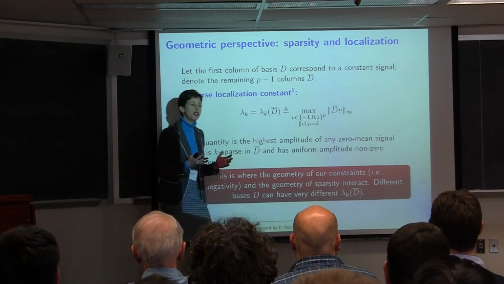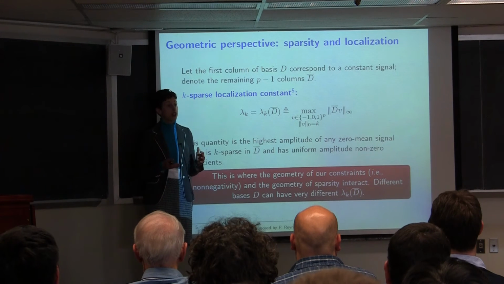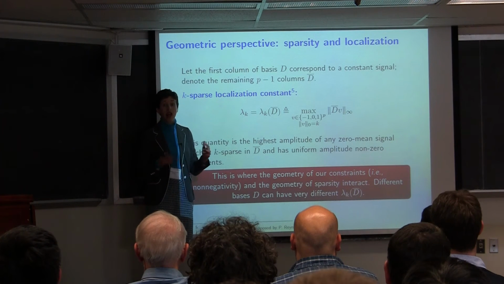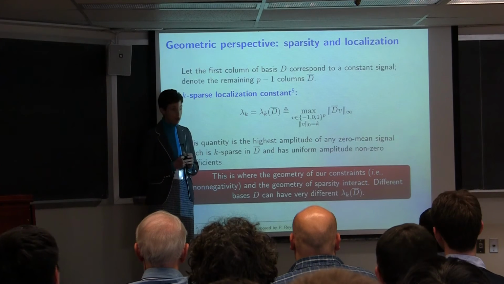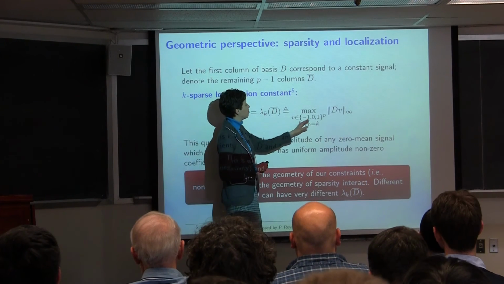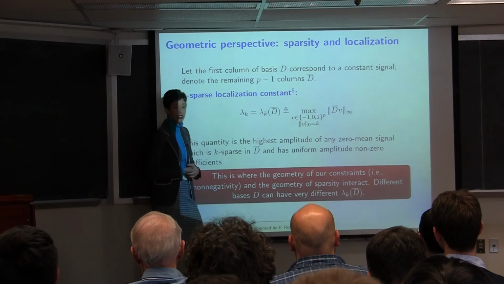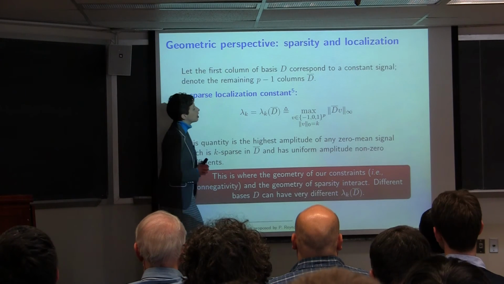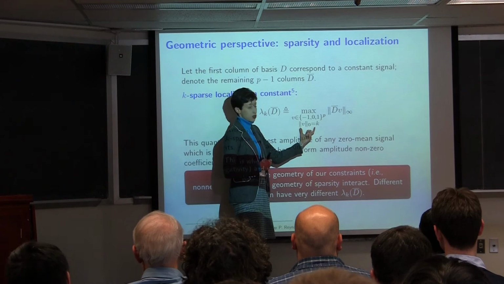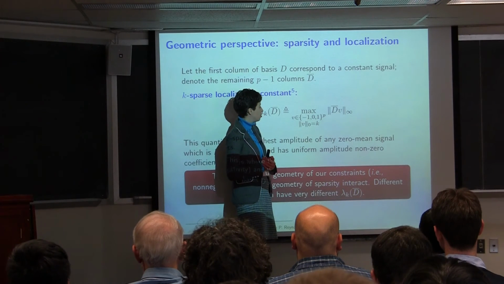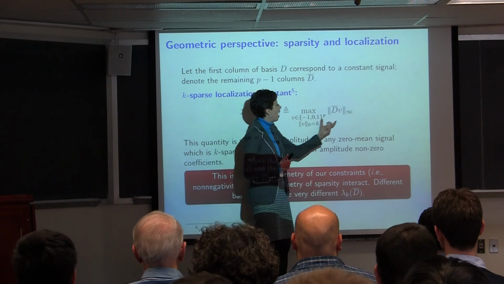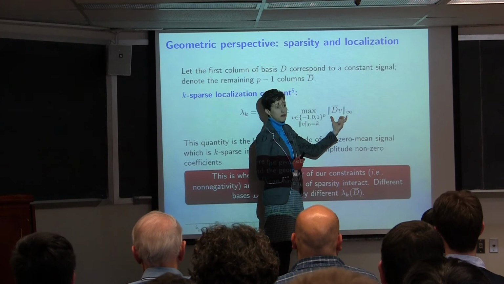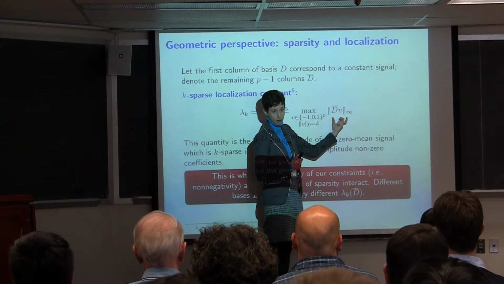If you are familiar with different lower bounding techniques for minimax rates and the hypercube arguments that are commonly used, that's where this is coming from. We're saying the non-zero coefficients lie on the vertices of a hypercube. And so for these kinds of signals, which are sparse, but where the non-zero coefficients have roughly uniform amplitude, how big of an amplitude can my signal have?